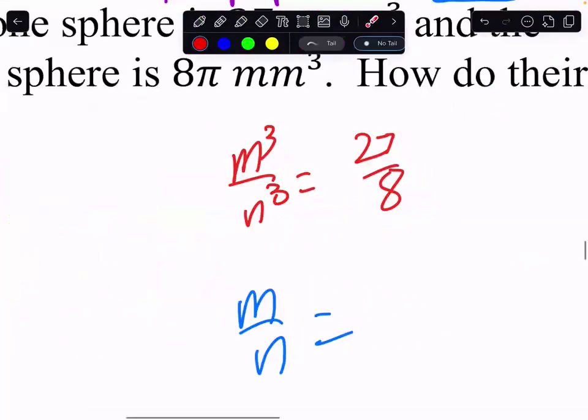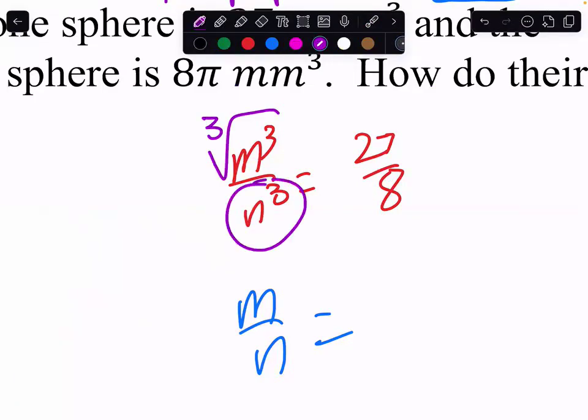Okay, so if you compare the left sides, we need to go from m cubed to m. So the way to cancel out an exponent of 3 is to cube root. And you do the same thing for all 4 parts of the proportion.